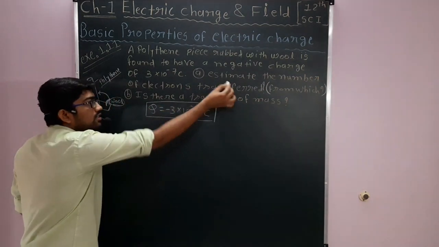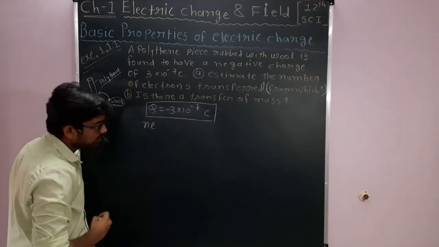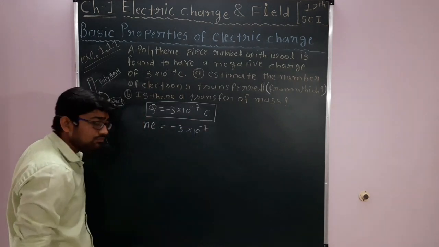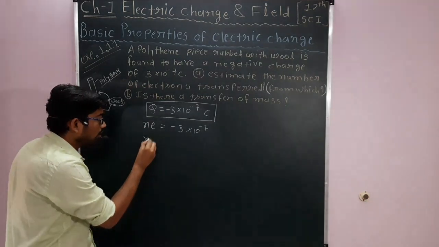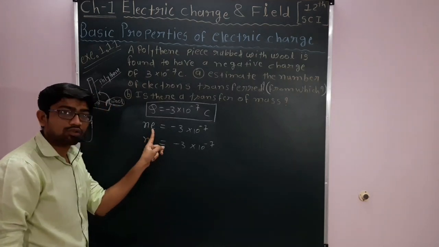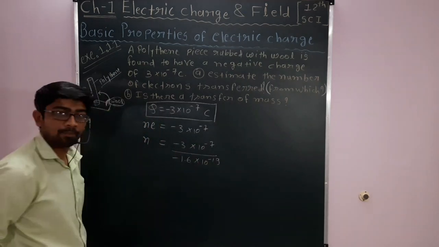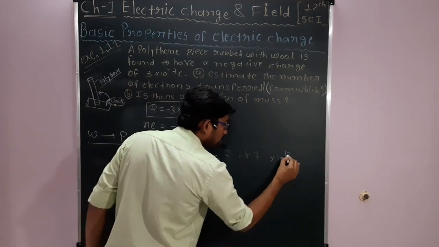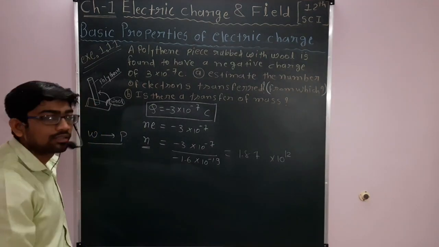For the quantization of charge, we can write Q is equal to Ne, equal to minus 3 × 10^-7. The electron charge is minus 1.6 × 10^-19. The total number of electrons is 1.87 × 10^12. This many electrons are transferred from wool to polythene.